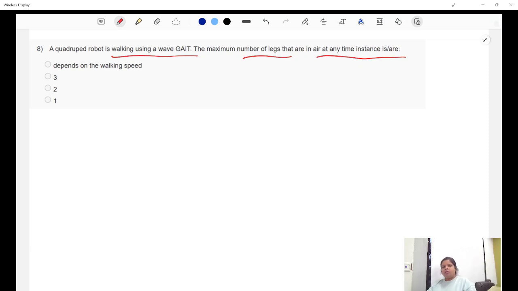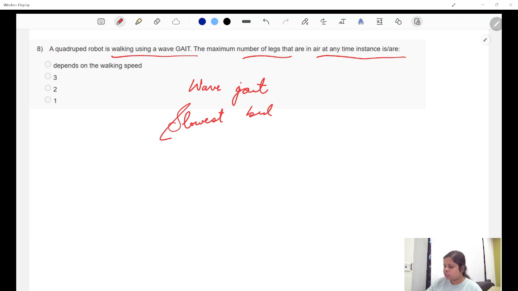Okay, so let me tell you this. Wave gait is the slowest but most stable gait, that is used by quadrupeds.